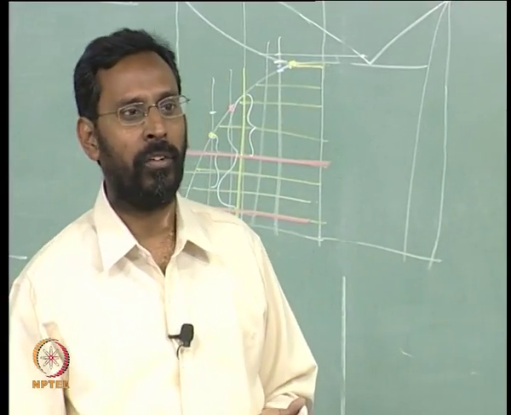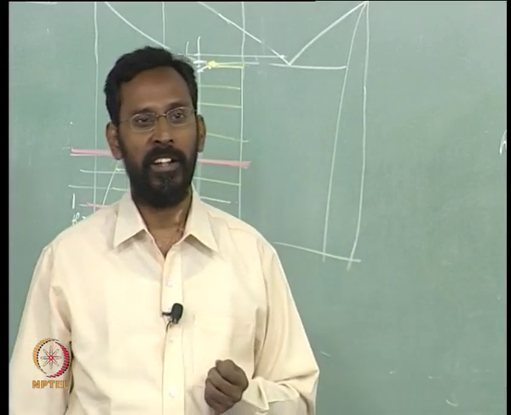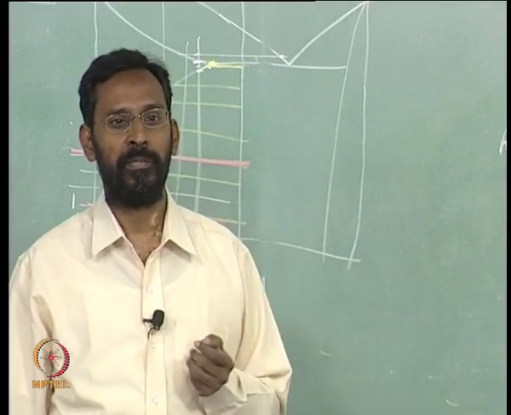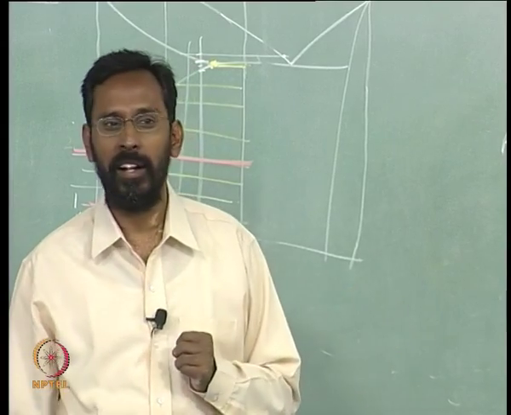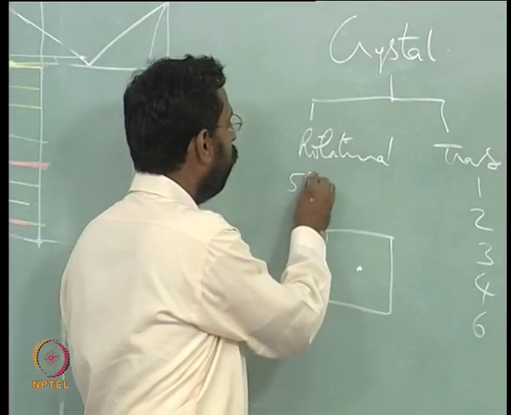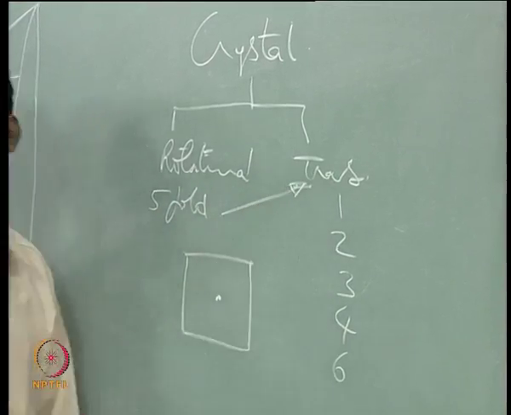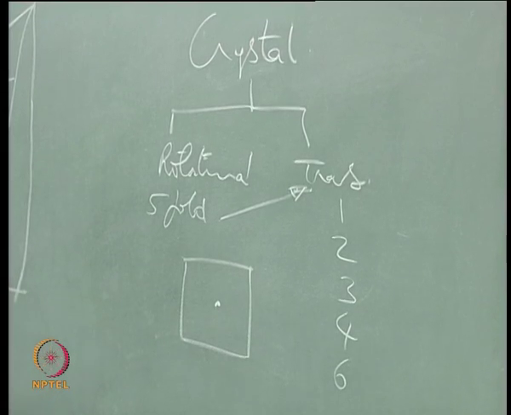Any of you want to know why? You should go to Solid State Physics by Kittel, he tries to prove it. I can also prove it in a minute, but basically such a rotational symmetry, a 5-fold symmetry, does not guarantee a translational symmetry. That is the problem.